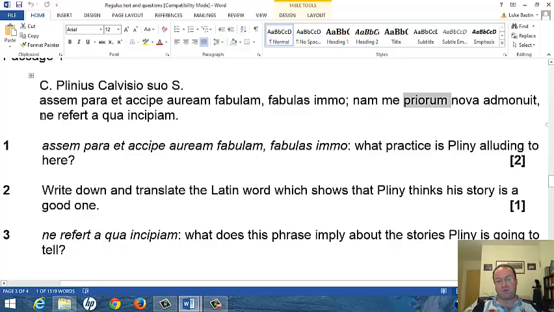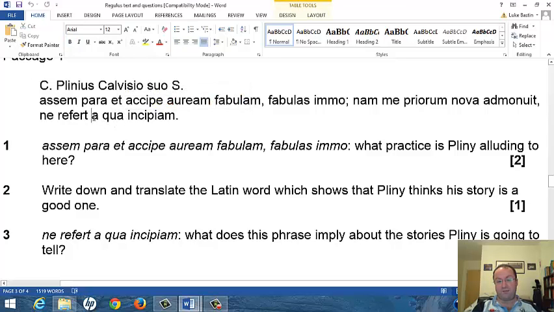Ne refert qua incipiam. There's some grammar going on here which is above GCSE level, but in terms of what you need to know, it's kind of an indirect question. It may not be grammatically, but that's how we need to treat it. Notice how qua here comes from qui, quae, quod.